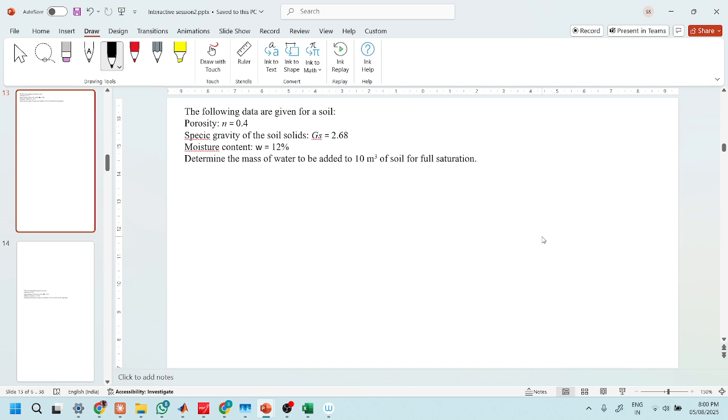Density, specific gravity, moisture. Determine the mass of water to be added to a 10 meter cube volume of soil for full saturation. Let's try to understand this question. So we have a soil sample and we know the volume of the sample.